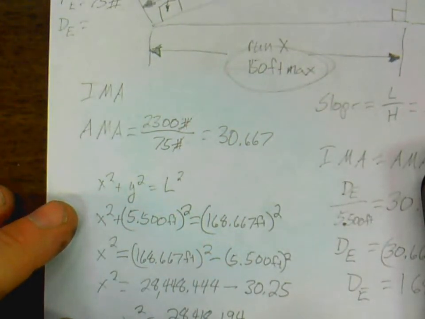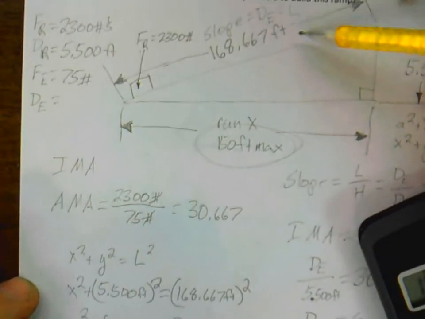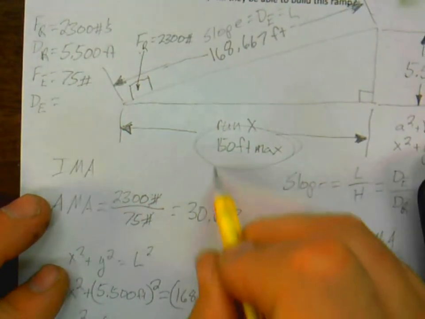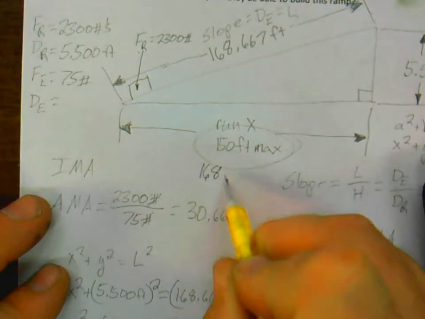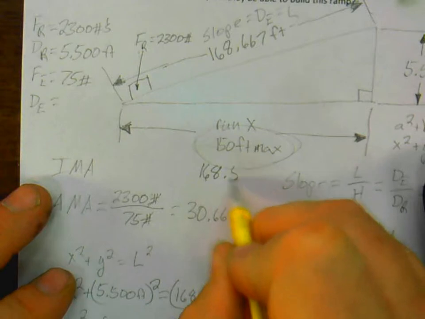So they'd have to go back to the drawing board and try to redo this, or maybe decide to make this 150 feet and see what angle or what total length of slope would be in there.